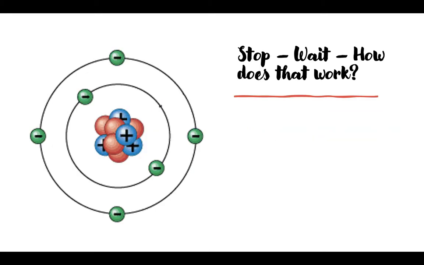Stop a wee minute. Let's think about it. How does that actually work? To understand it, we're going to go back again to our trusty diagram of the atom. So, we've already established today that positive and negative charges are attracted to each other.